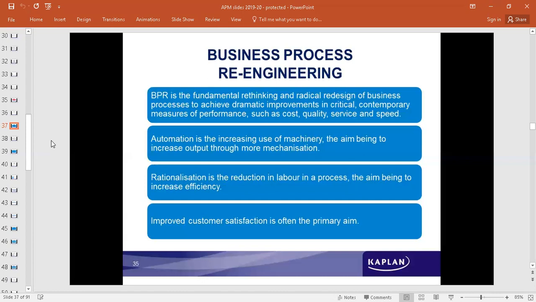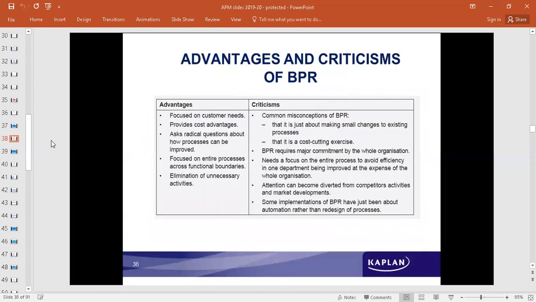Okay. Then we see that there are advantages and disadvantages of BPR. The first one is that it focuses on the needs of the customer, to enhance the value that is provided to the customers. How is value provided to the customers? Maybe quick delivery, because the speed with which production is taken up is very high.